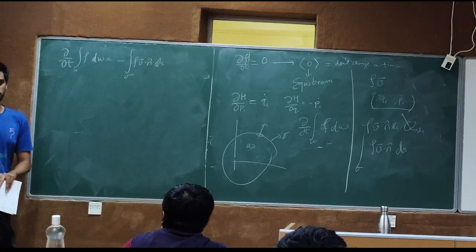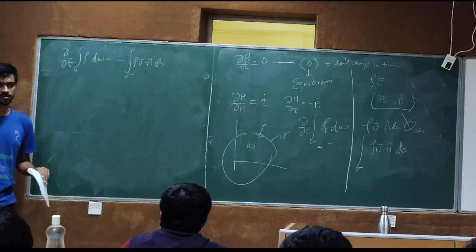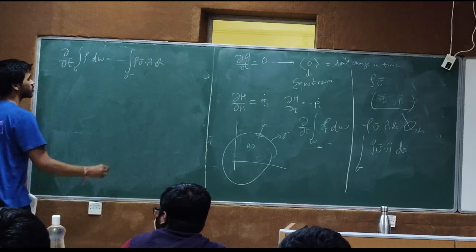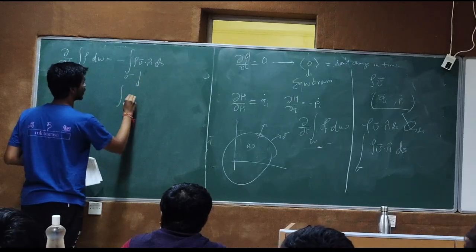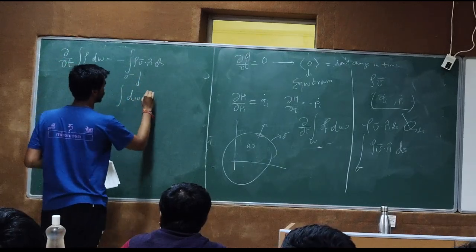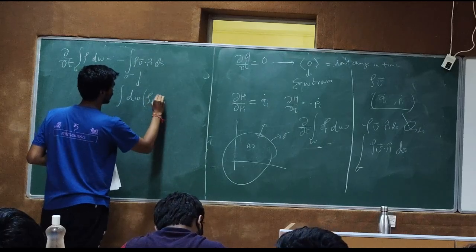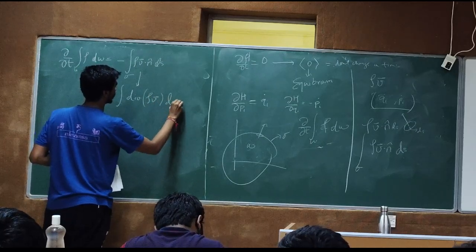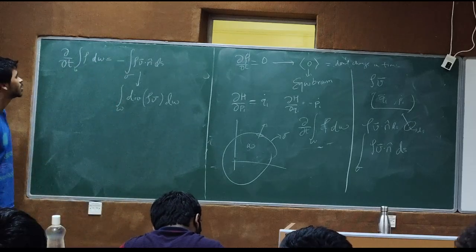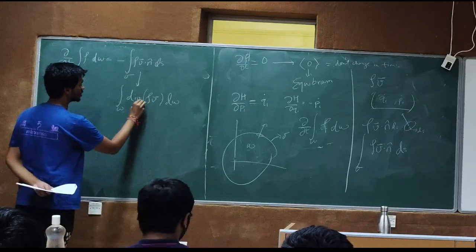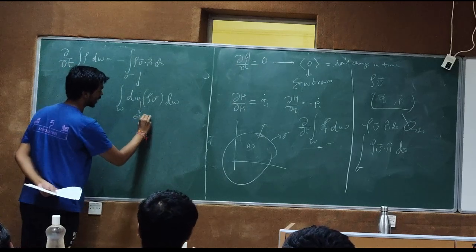Now, do you all know the Gauss theorem? So from this, you can write this as the divergence of rho v. And what is this divergence? This is the 6N-dimensional divergence.